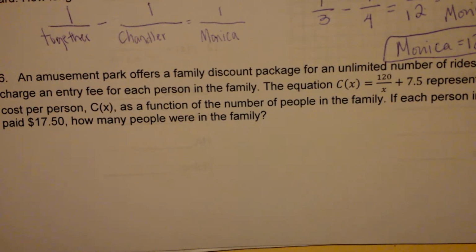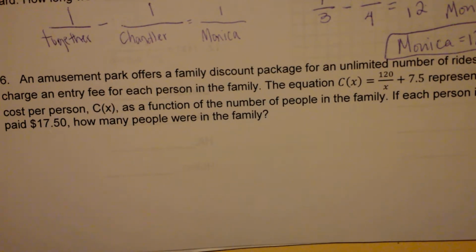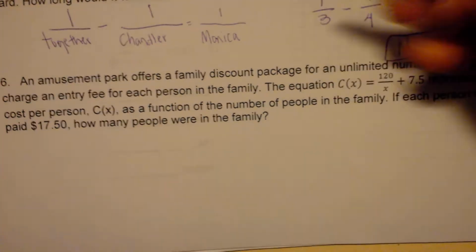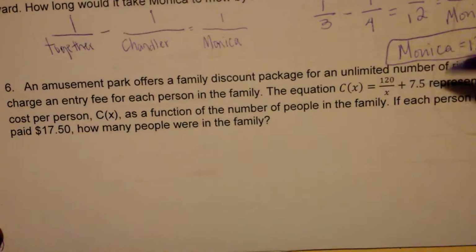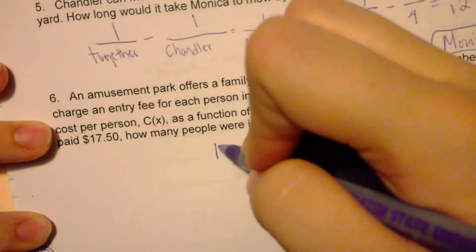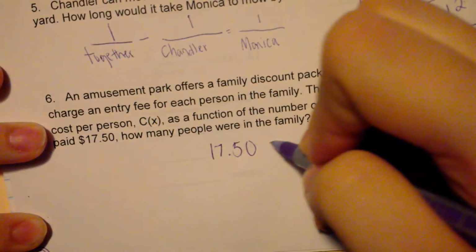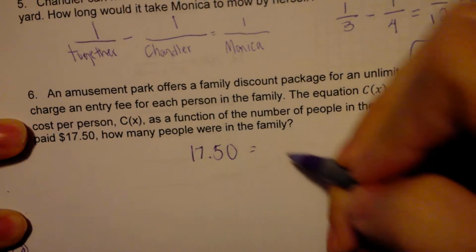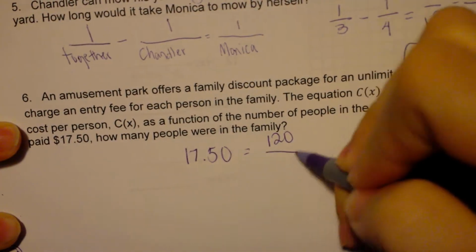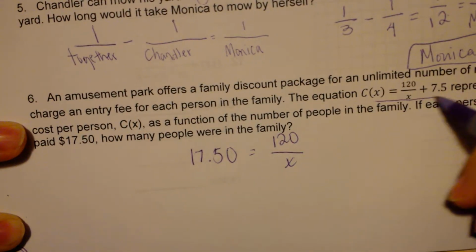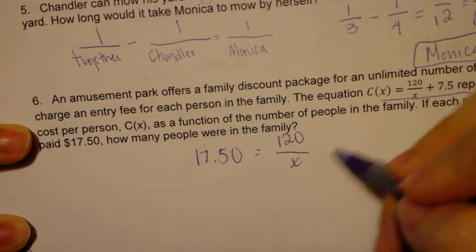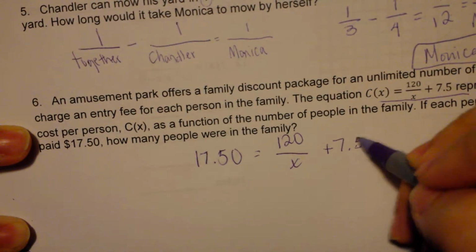Number 6 is saying that there was a group discount or a family discount at an amusement park. Each person paid $17.50. And the cost equation is 120 divided by x plus 7.5.